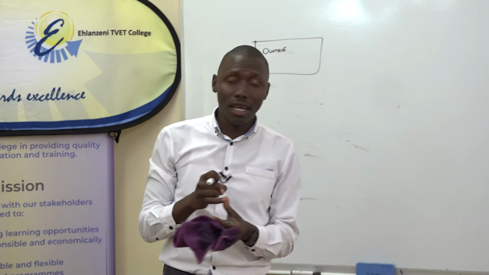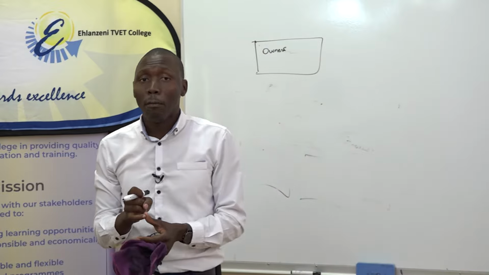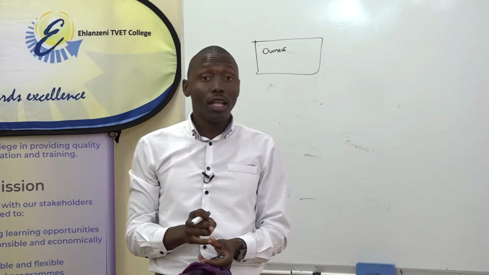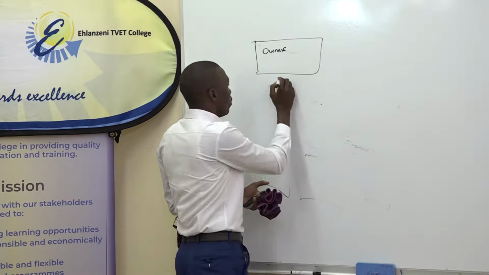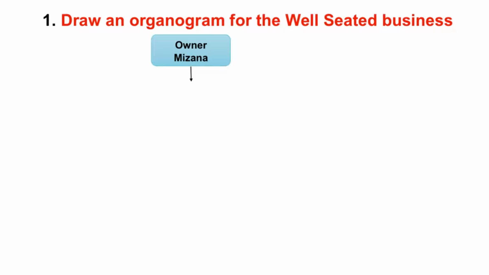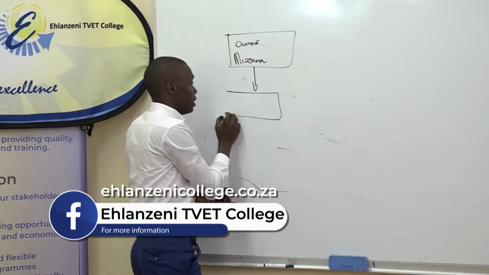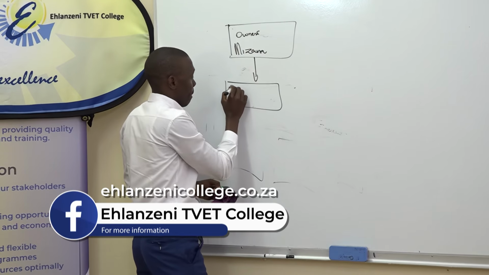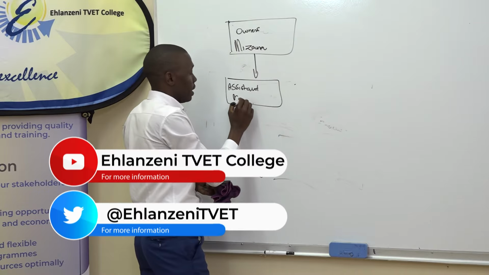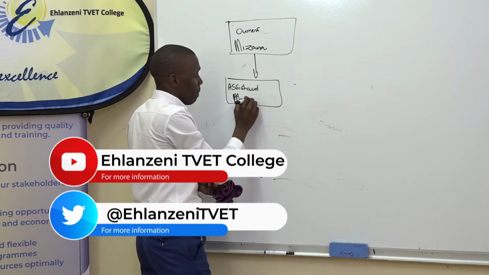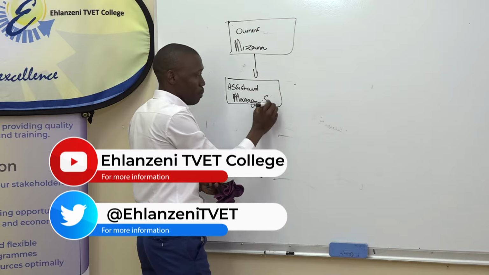It can be the manager if it starts from the manager, but if the organization starts from the owner, you start it from the owner. Then underneath the owner, who is Mizana, we have the assistant manager, who is Sipho.